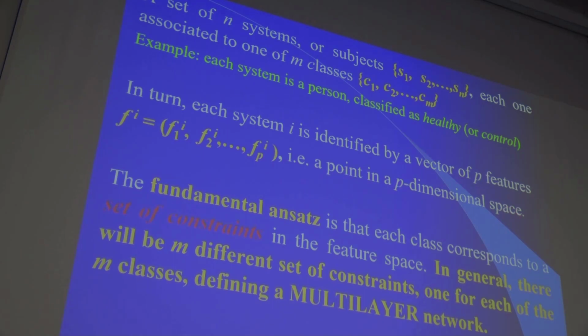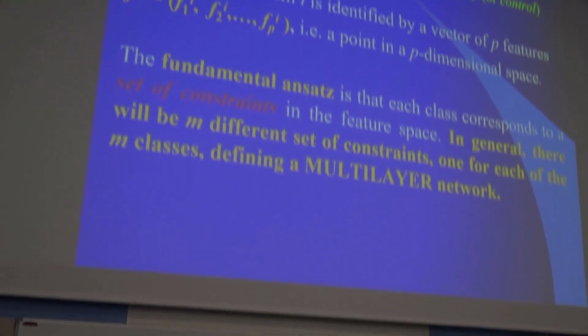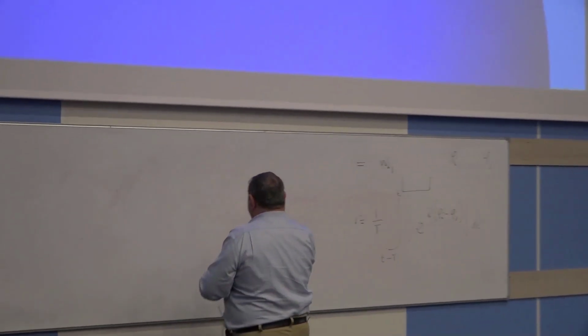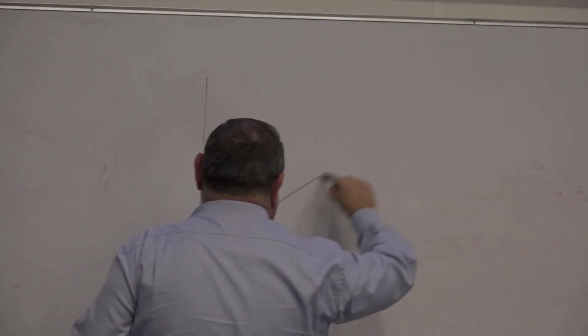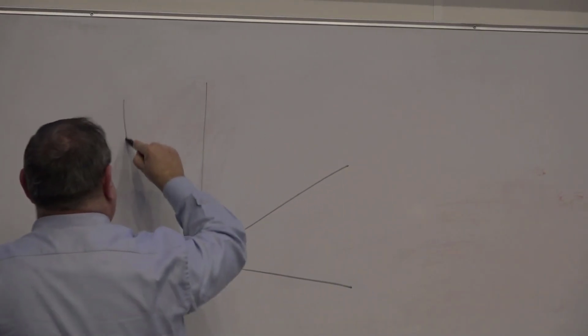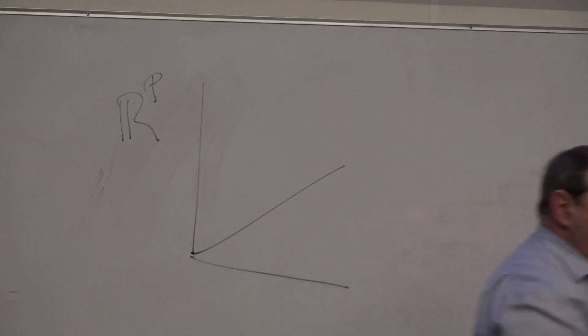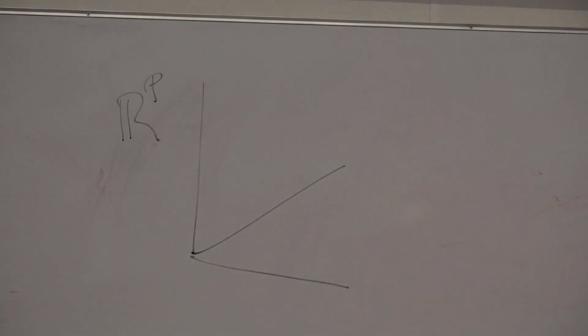So I have these persons, and each one of them is a point in Rp. Okay? This is Rp. It's not R3, it's Rp. Maybe many such features.